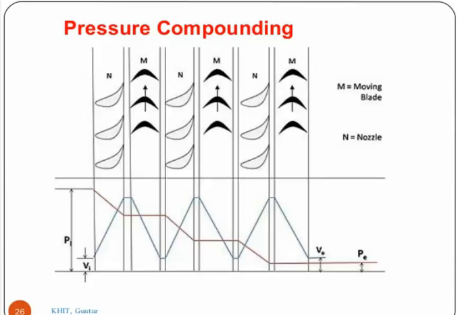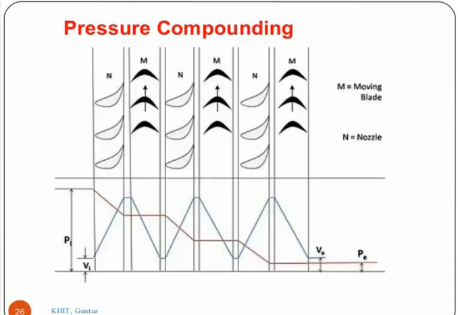The steam passes through the first nozzle ring, where its pressure drops and velocity increases. The high velocity jet stream is directed onto the first moving blade, where nearly all of its velocity is absorbed. The steam pressure remains unaltered.